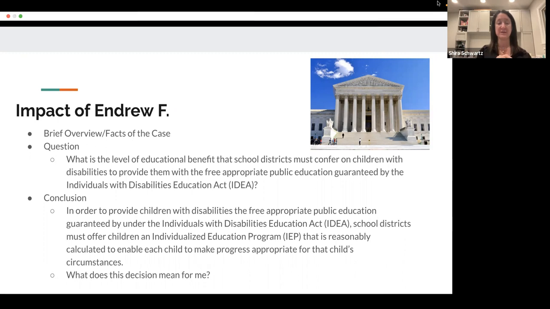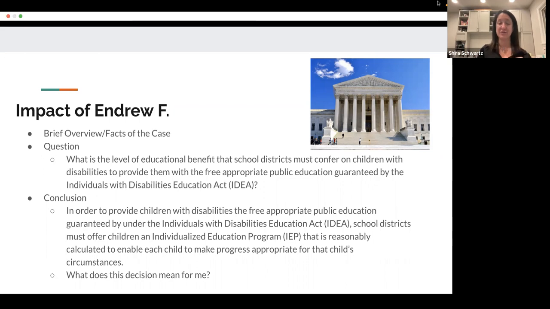And what they decided is that in order to provide children with disabilities the FAPE, free appropriate public education, that IDEA has guaranteed for students, the school must offer children an IEP that is reasonably calculated to enable each child to make progress appropriate for that child's circumstance.